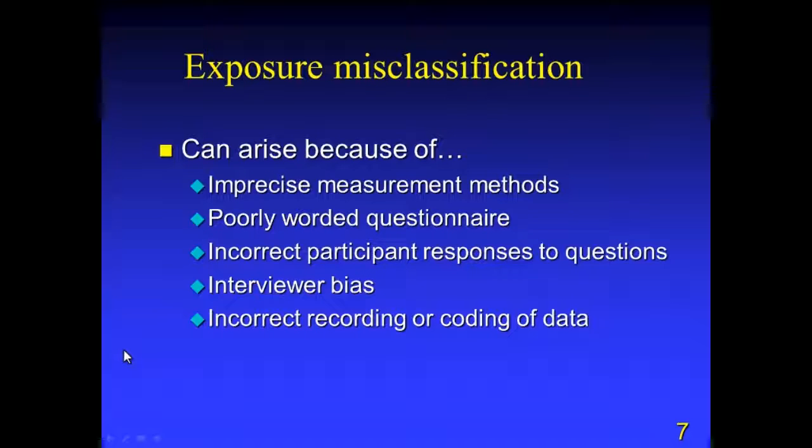That's often not the case with exposure. Various problems can occur: imprecise measurement methods, poorly worded questionnaires, the participant may wrongly answer a question, the interviewer may be biased, and we may incorrectly record or code our data. So there are a bunch of ways in which exposure misclassification can occur.